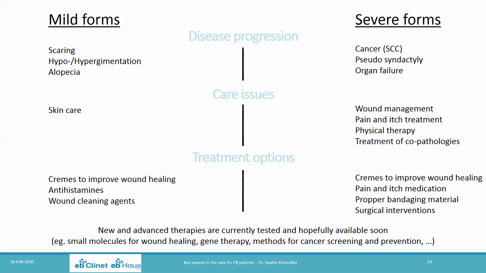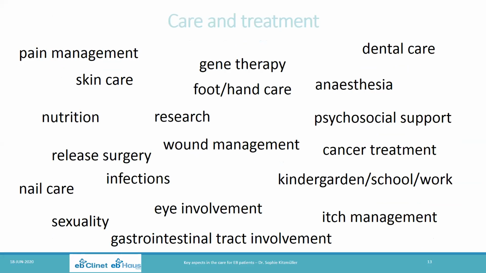There are, for example, small molecules that enhance wound healing even better than the creams that we have now, because they target EB-specific problems. Then there's also gene therapy coming up, and a lot of this is going to make a big improvement for the life of our patients in the future. But again, as of now, those treatments are not available.